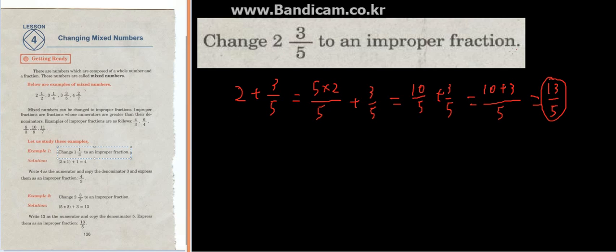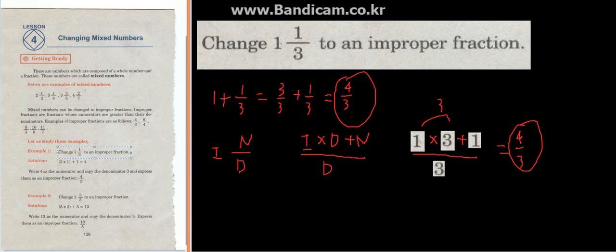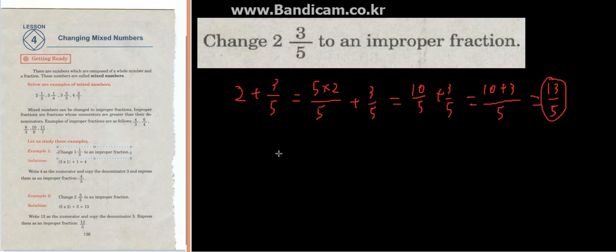So for a simpler way, I'm going to copy this one. Copy this and copy that. So it is the integer times the denominator, plus the numerator, over the denominator.